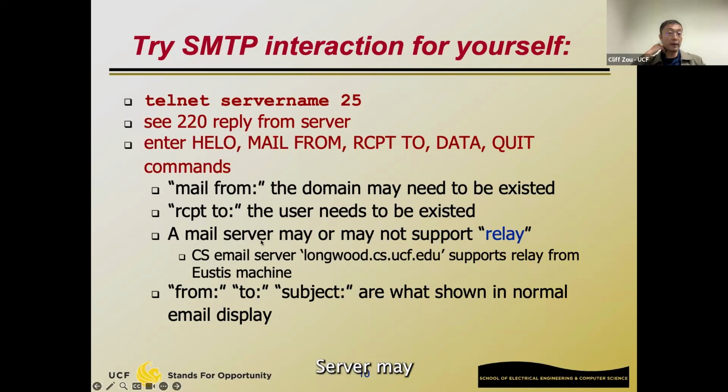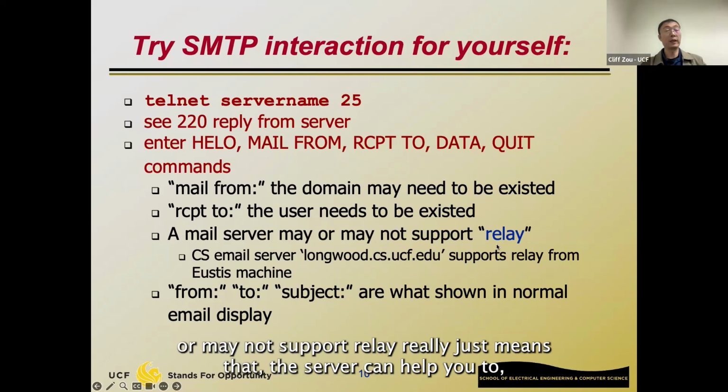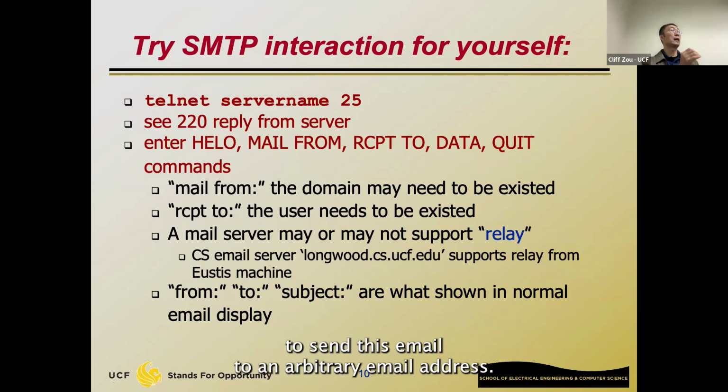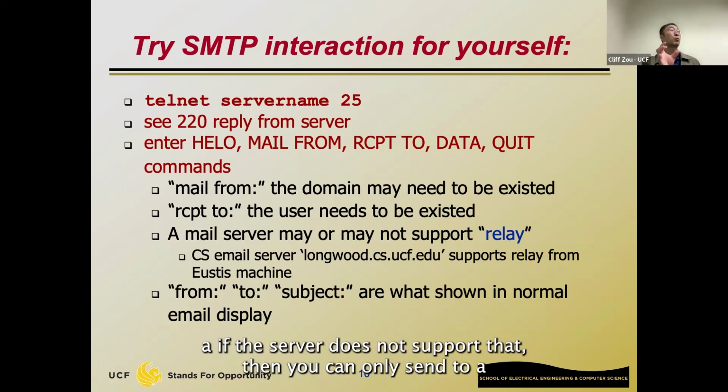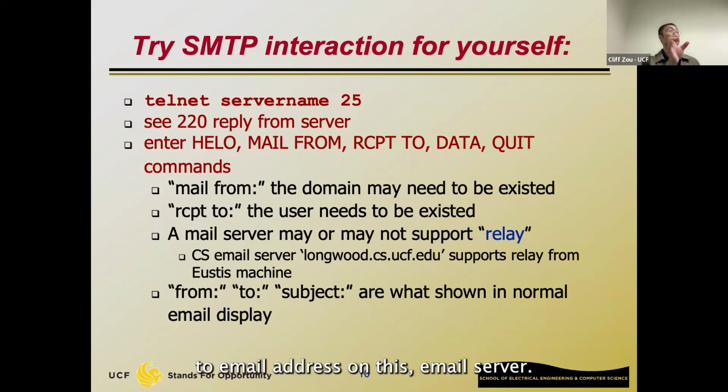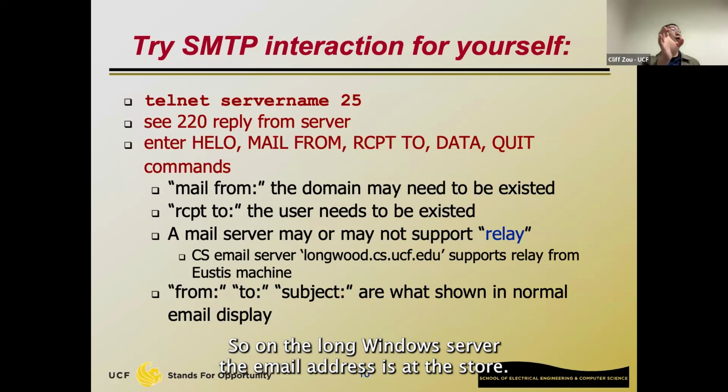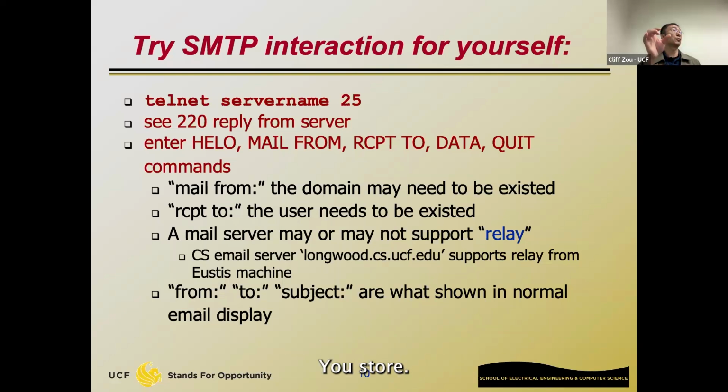A server may or may not support relay. Relay just means that the server can help you to send this email to an arbitrary email address. So that is called a relay. If the server does not support that, then you can only send to an email address on this email server. So on the Longwood email server, the email address is at cs.ucf.edu.